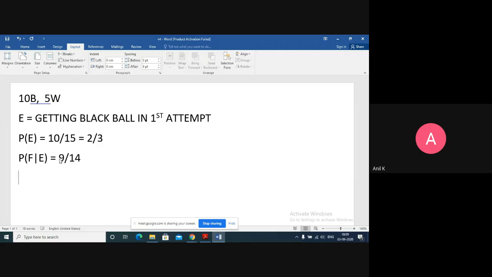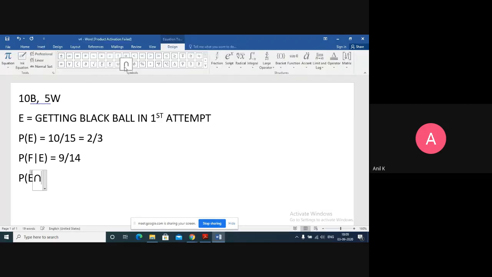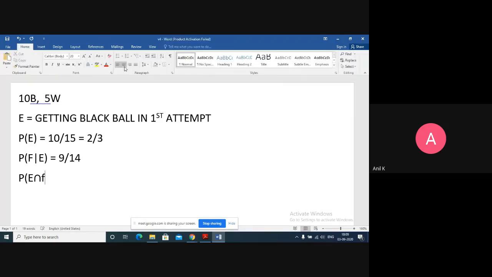Now I want the probability of E intersection F. I need the intersection formula because both should be black only. So probability of E intersection F is equal to P of F slash E multiplied by P of E, which is equal to 9 upon 14 multiplied by 2 by 3.